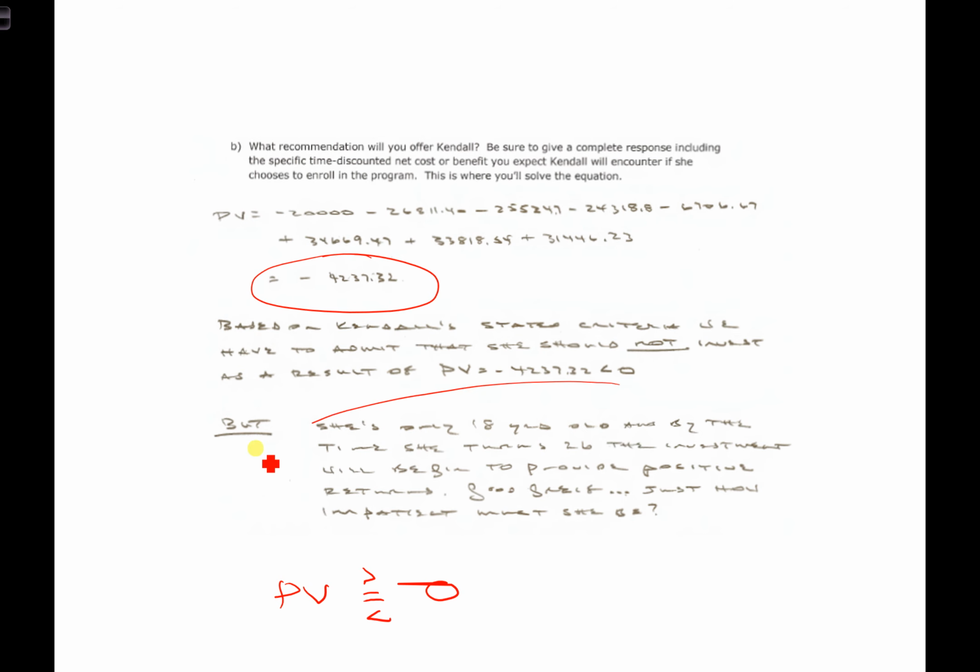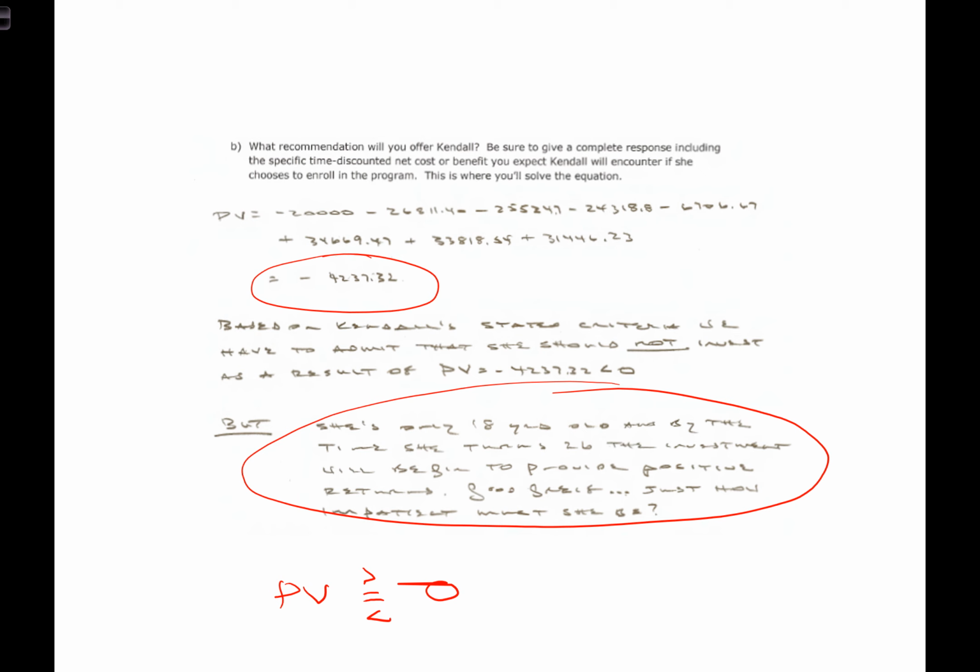I went ahead and went a little further here. In this case, Kendall's my granddaughter, so I can do this. And so I've said, that's a little impatient. Think about this. If she simply went into the next period, which would give her another $44,247 discounted by 1.05 to the 8th, that's going to then take her into positive territory. Well, 7 years after she's 18 is only age 25.